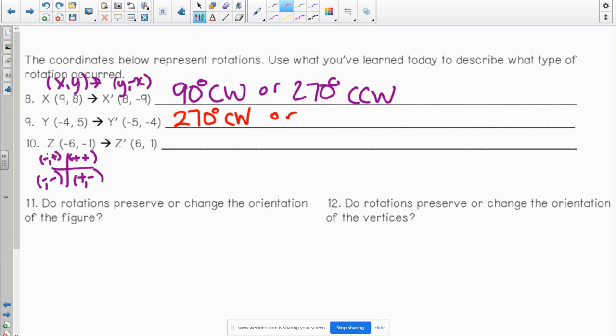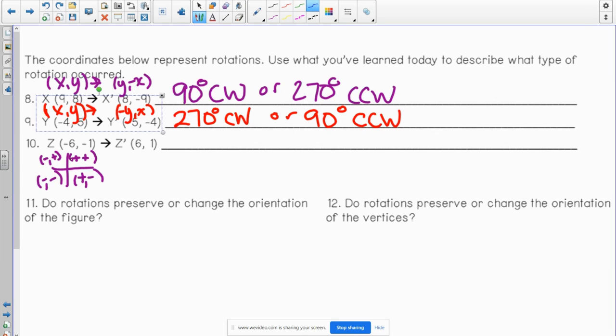Or if we're in quadrant 2 and we're going to negative, counterclockwise, that is 90 degrees counterclockwise. The rule is usually what I go with, or the algebraic expression. So I look at it, it's been flip-flopped. I notice that first of all, and then I notice that the Y has changed to a negative or the opposite, which then means that's the rule of 270 degrees clockwise or 90 degrees counterclockwise.